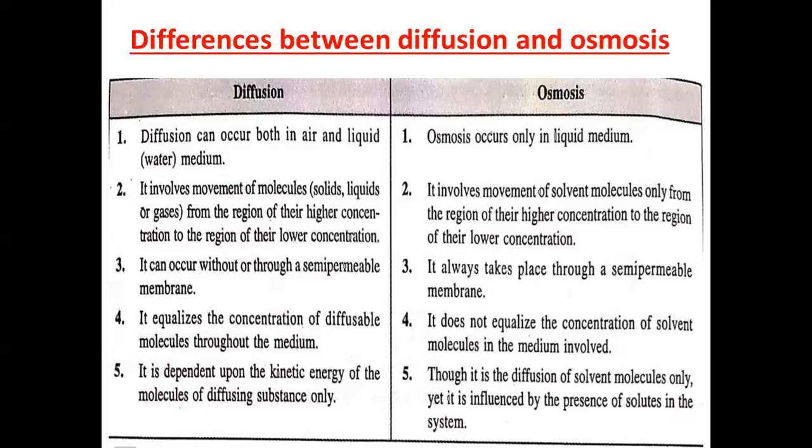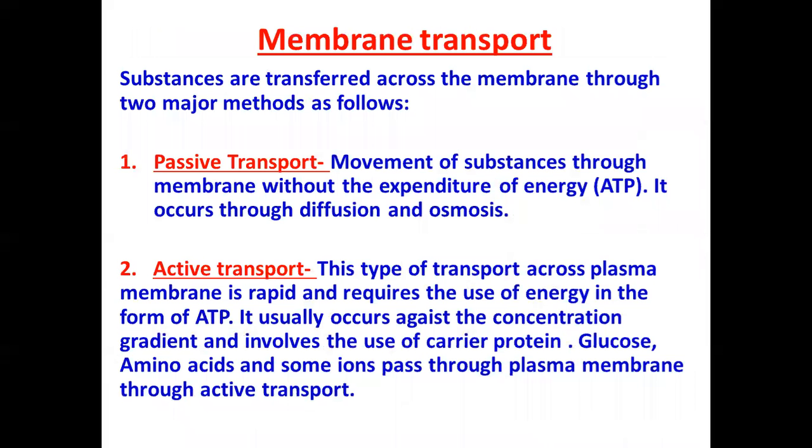Fifth, it is dependent upon the kinetic energy of the molecules of the diffusing substance only. Osmosis, though it is the diffusion of solvent molecules only, yet it is influenced by the presence of solutes in the system.